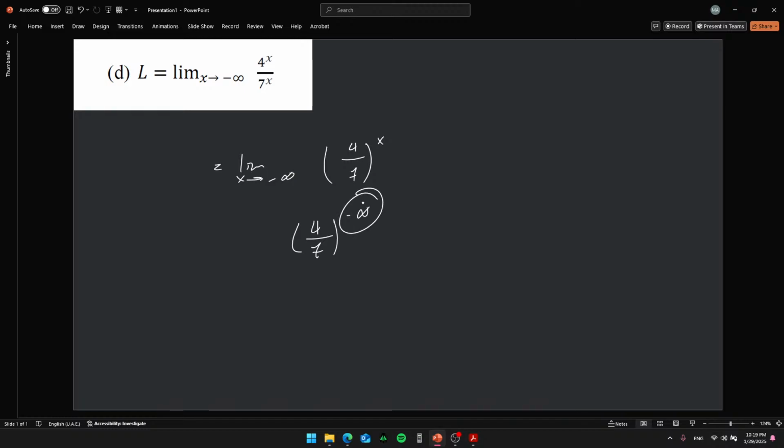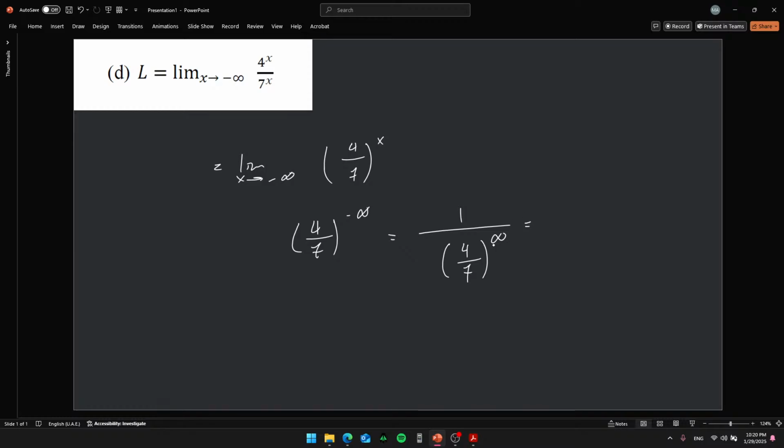Now it's a negative power, so in order to make it a positive power, you have to take the inverse, or I don't know what it's called. Put it in the denominator, so it will turn to positive.